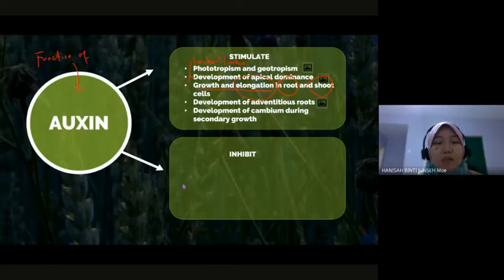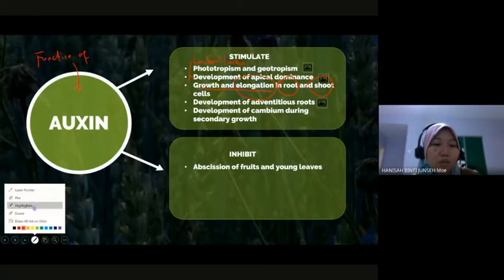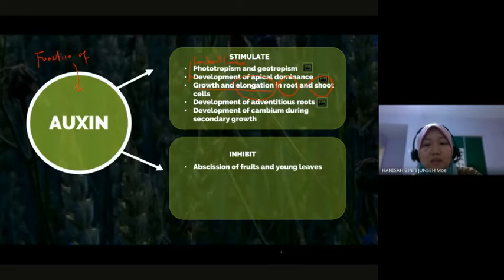So auxin inhibits the abscission of fruits and young leaves. Okay, let's go to this word. What is abscission? Abscission is falling off or cutting off.